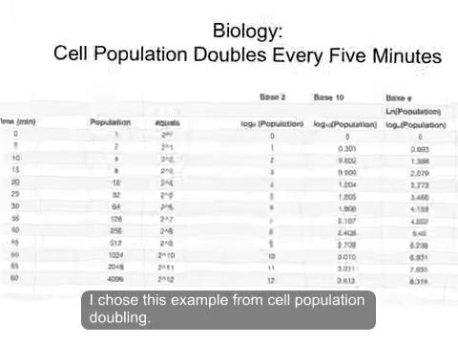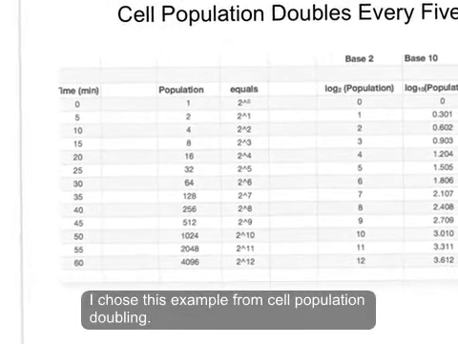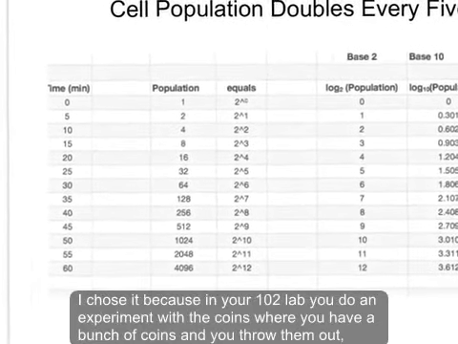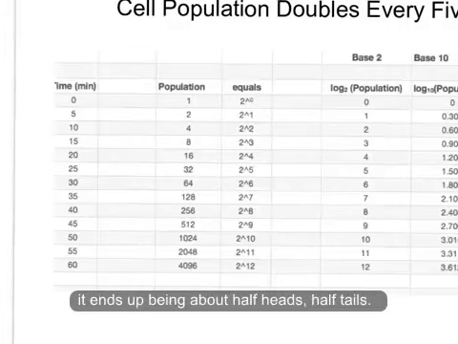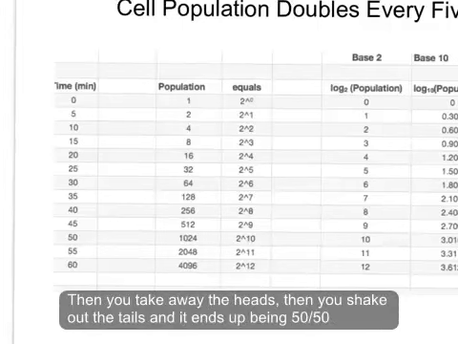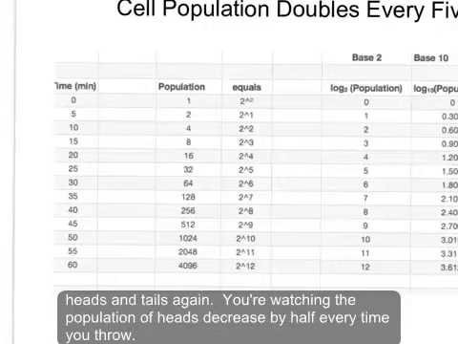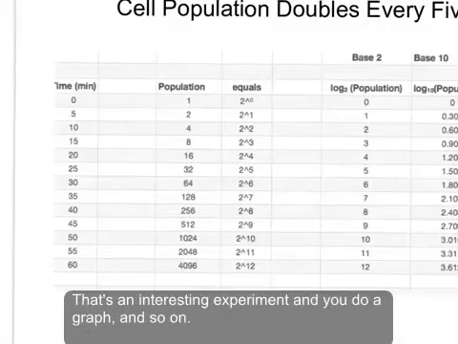But I chose this example from cell population doubling, and I chose it because in your 102 lab you do an experiment with coins where you have a bunch of coins and you throw them out, and it ends up being about half heads and half tails, and then you take away the heads, and then you shake out the tails, and it ends up being 50-50 heads, tails again. And so you're watching the population of heads decrease by half every time you throw. So that's kind of an interesting experiment, and you do a graph and so on.